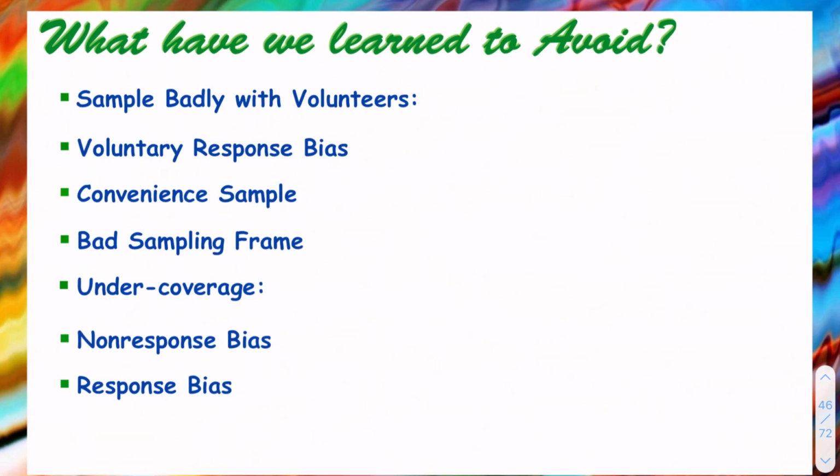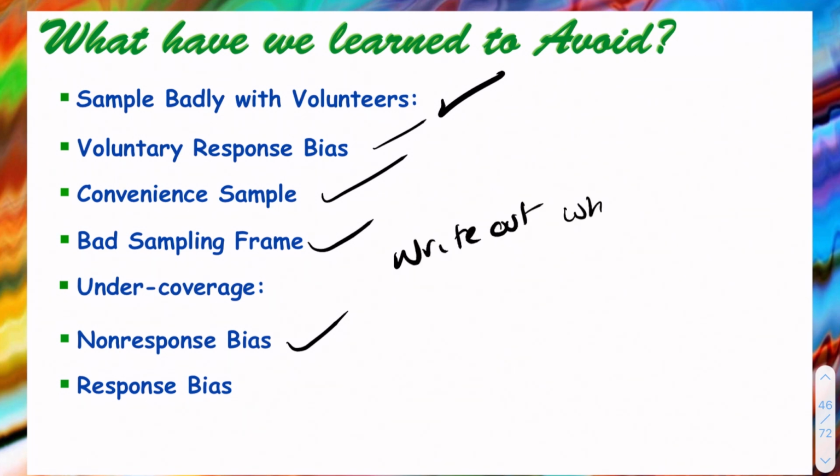What have we learned to avoid? We want to avoid sampling badly with volunteers because we are worried about voluntary response bias, convenience sampling, bad sampling frames, undercoverage, non-response, and response biases. Now, write out what each of these means.